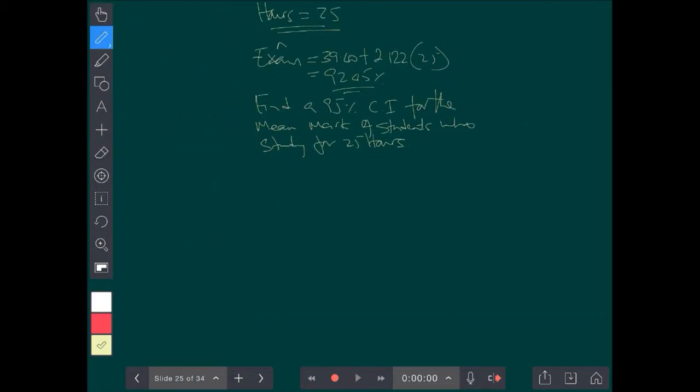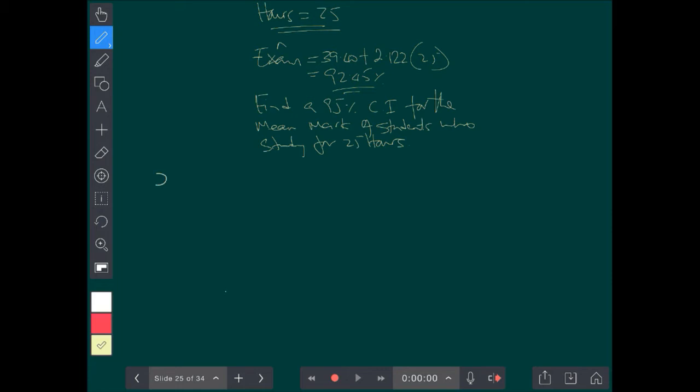And so recall what the formula was. I'm not going to rewrite the formula. The formula is already given to you. So we will substitute in that formula.